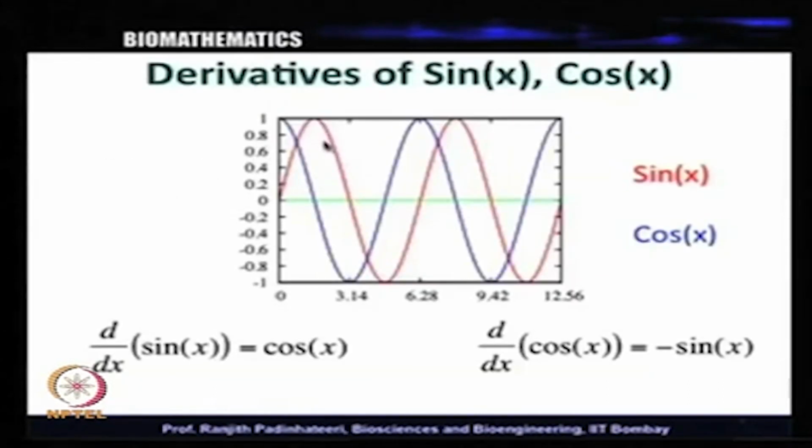After pi by 2 and before pi, the red curve has a negative slope. As x increases, the function is decreasing. So, its derivative has to be negative. See here, the cos is negative here.